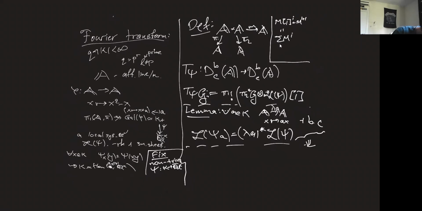So for every a in K, and let's write G in D^b_c(A1), we have the following: the stalk of the Fourier transform of G with respect to psi.